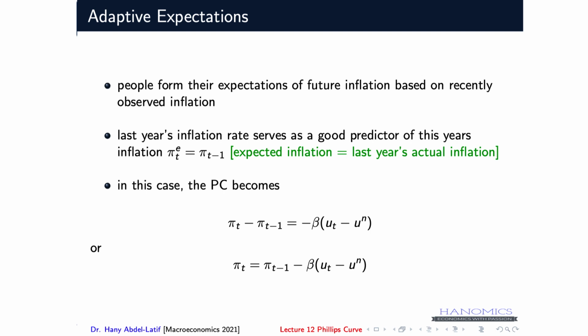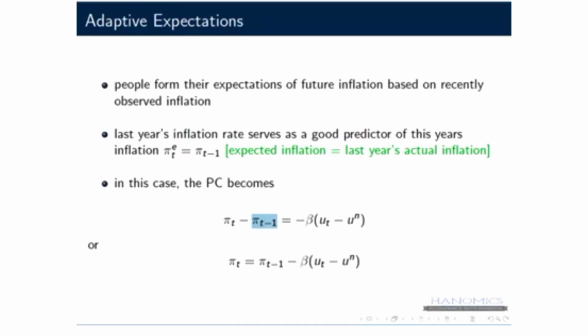In that case, you could write the Phillips curve, which we know here, by replacing the expected inflation rate with the actual inflation rate in the last year, and that gives you this pi t minus 1.